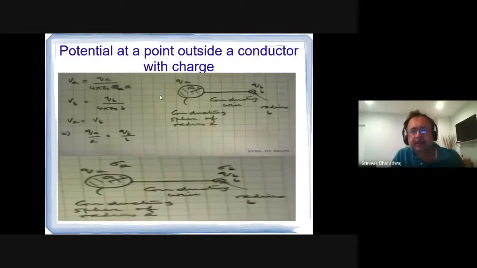The closed surface integral of E dot dA is Q by epsilon, right? So using that, you can calculate the electric field, and from the electric field you can then calculate the potential. That is one way to do it. The other way is just to use Q by 4 pi epsilon naught r, and go from there.